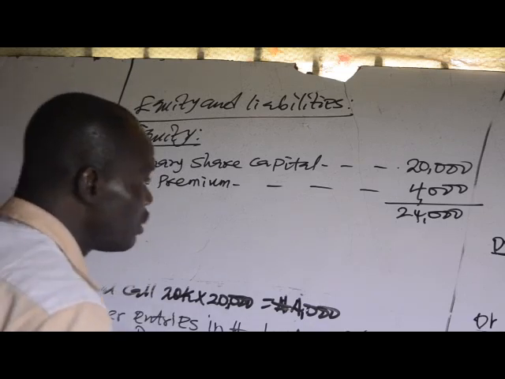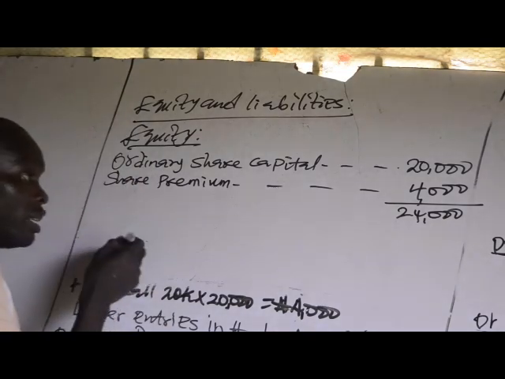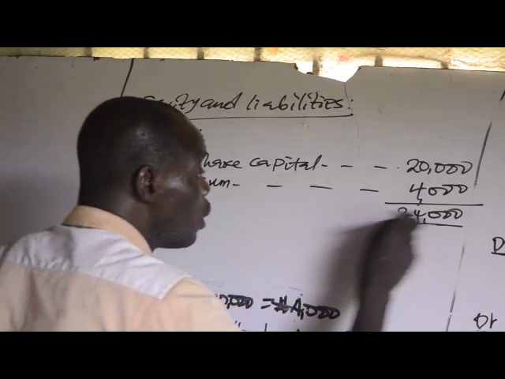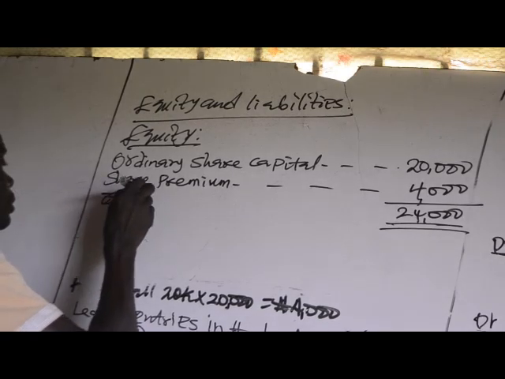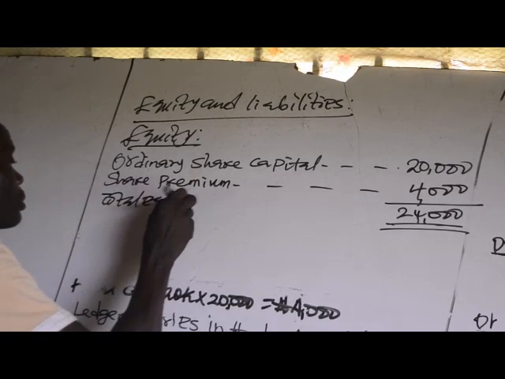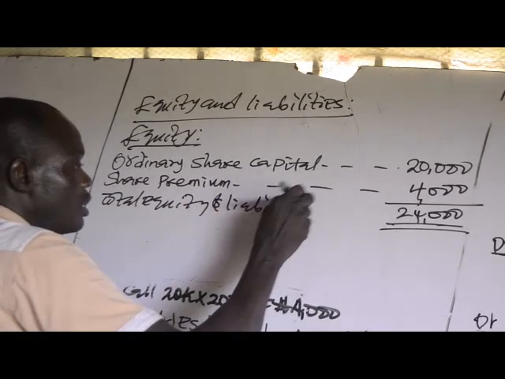After total equity, you have non-current liabilities and current liabilities. We don't have any liabilities. So since there are no liabilities, total equity and liabilities is 24,000.